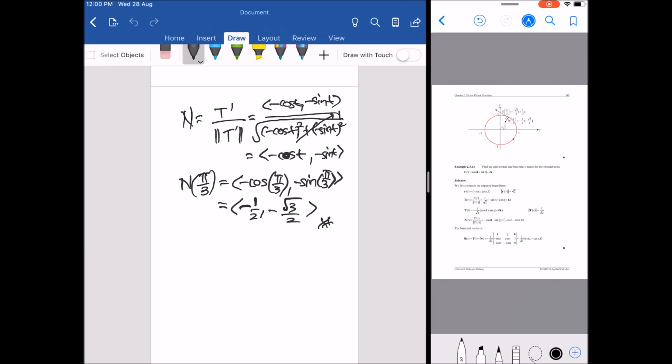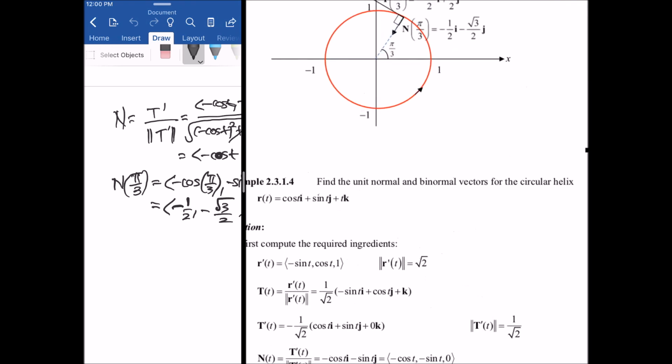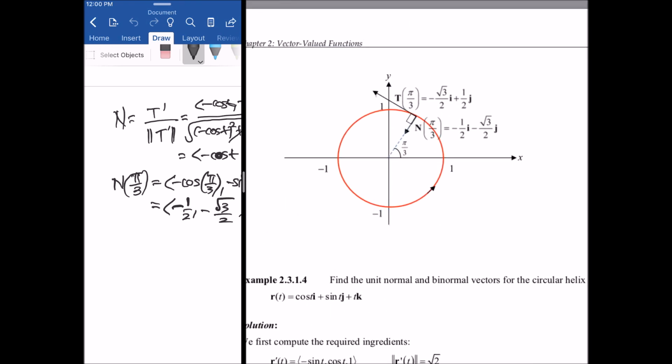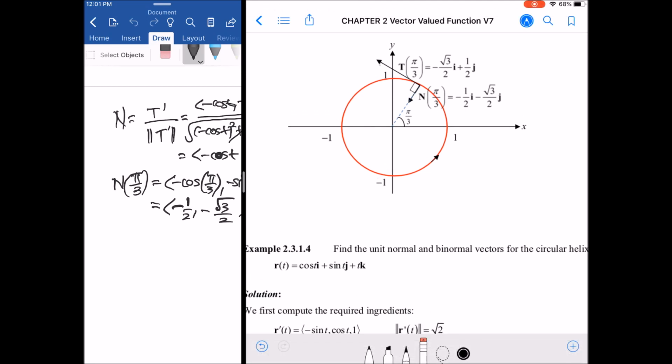Let's see what the unit tangent vector and unit normal vector actually mean. Let us look into this graph. Just now we have our r as cos t and sin t.